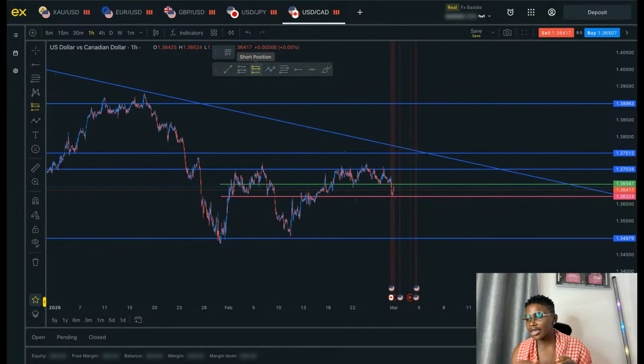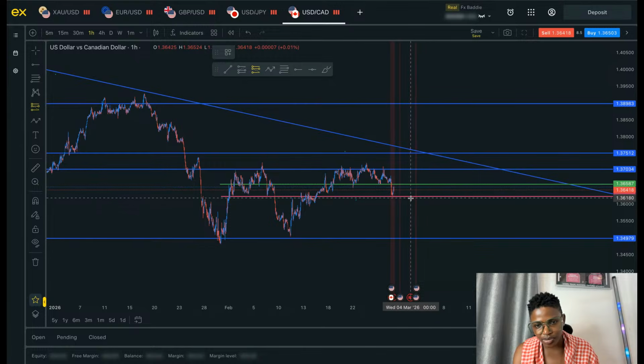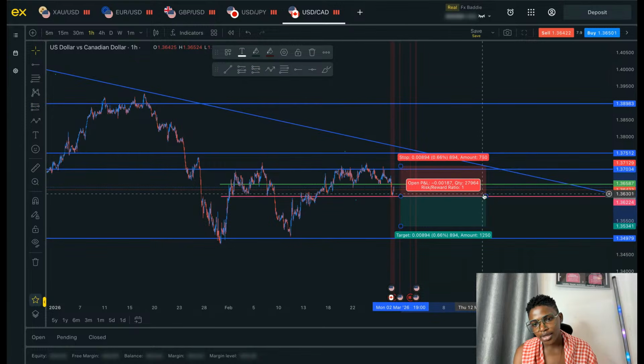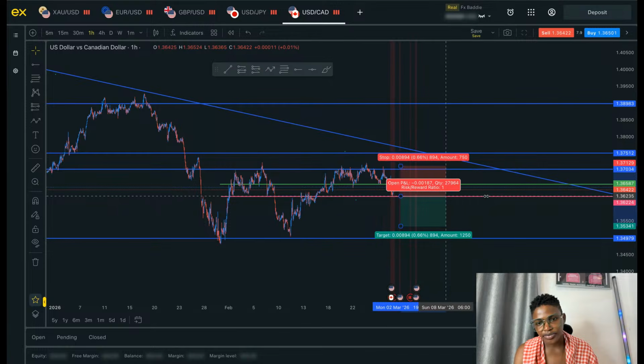And from the patterns, we are seeing bearish patterns. Let me put it that way. I just changed my minor levels to red. Perfect. So I'll take a short position and I'll place it here. Reduce it.